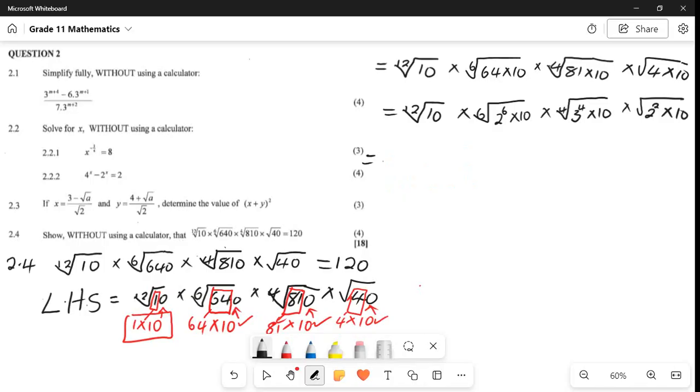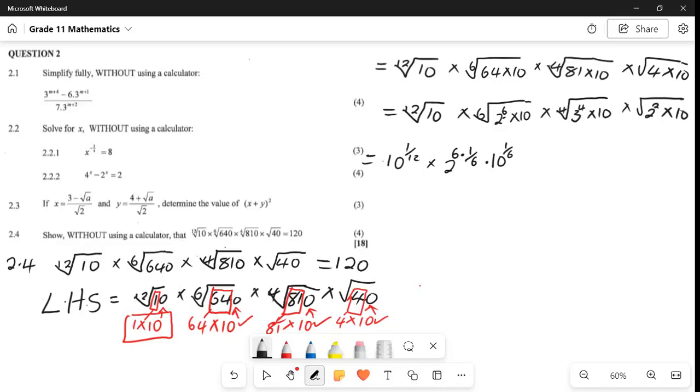Then the first one will have 10 to the power 1 over 12, times, here we'll have 2 to the power 6, that's the 6 that's already there, multiplied by 1 over 6, times 10 to the power 1 over 6.